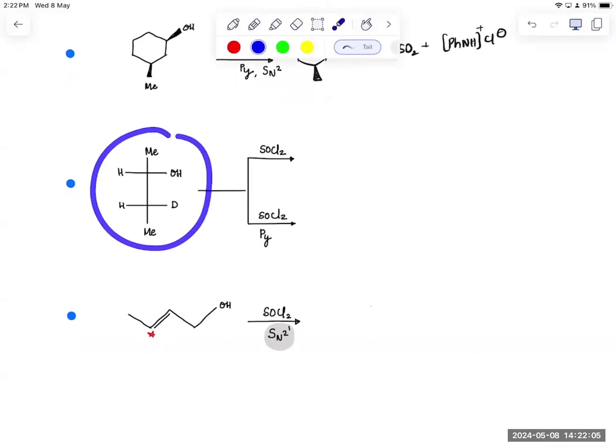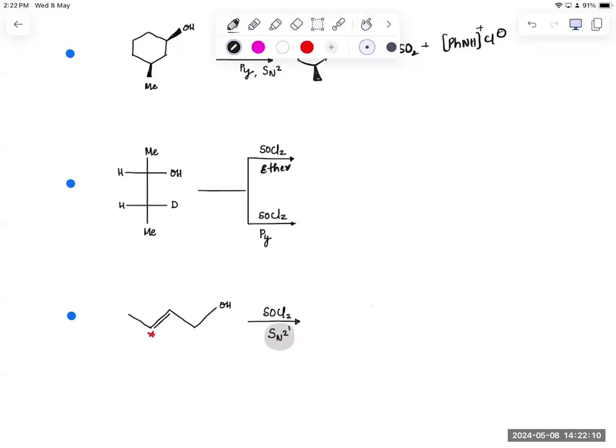Notice here also, if nothing is given, you will always take it as SOCl2 in ether. So in the case of ether, we have Cl here, methyl here, H, D and methyl, with SO2 and HCl. While here, Cl will be here, H, methyl, H, D and methyl, with SO2 and pyridinium chloride.